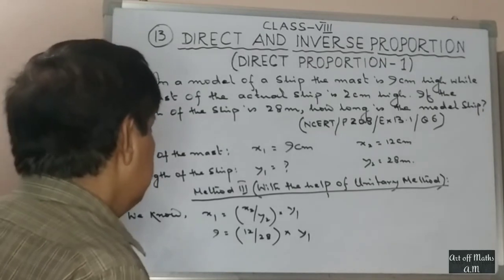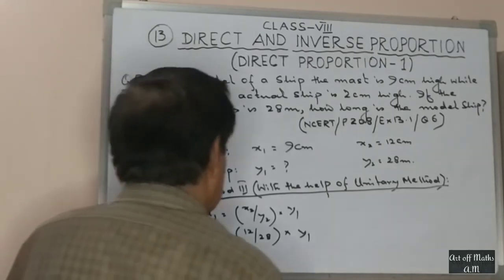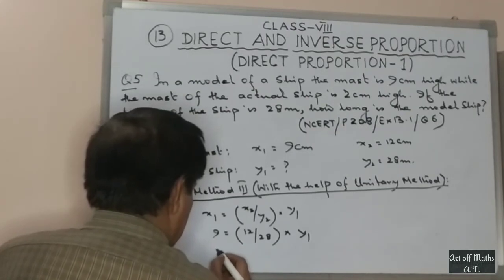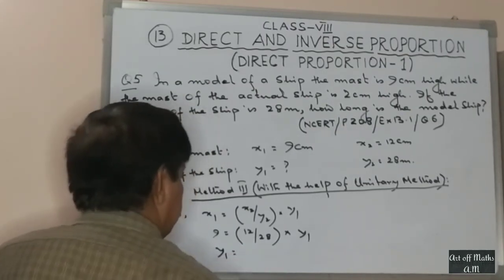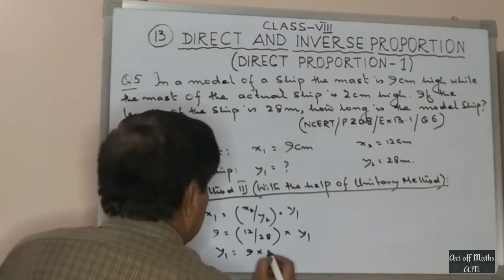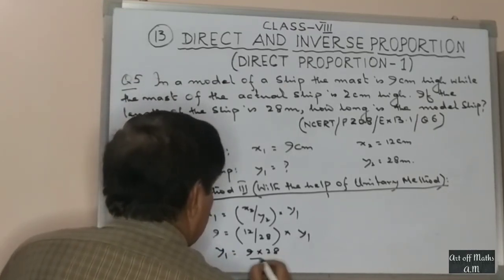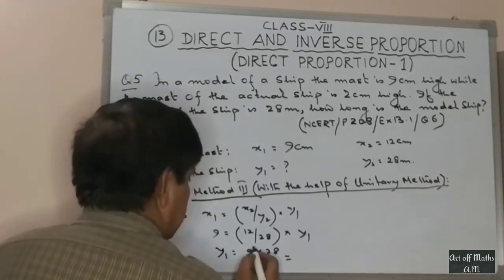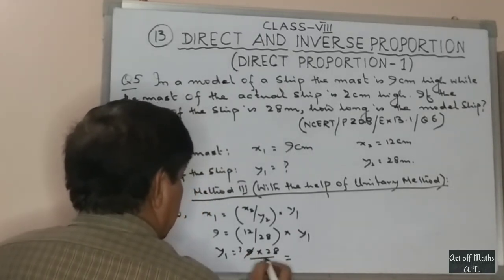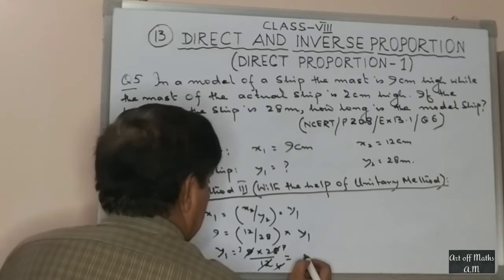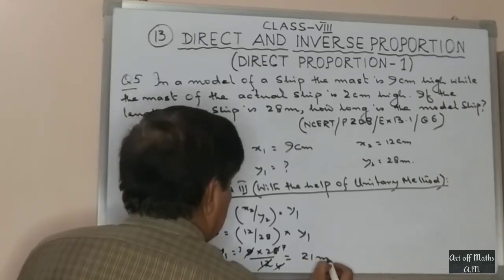Now here y1 equal to 9 into 28 divided by 12. That means 3 3s are 9, 3 fours, 7, that means 21 meter.